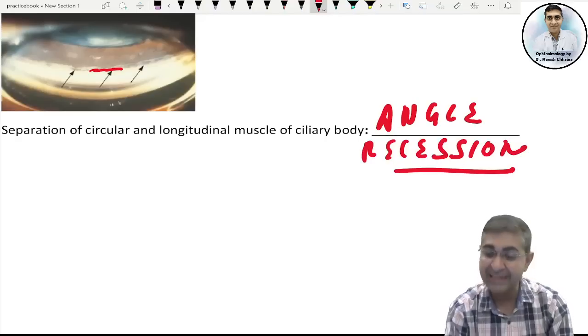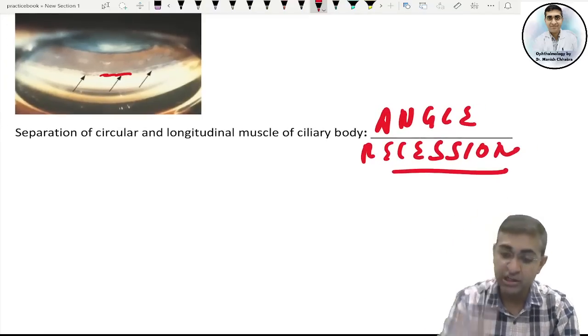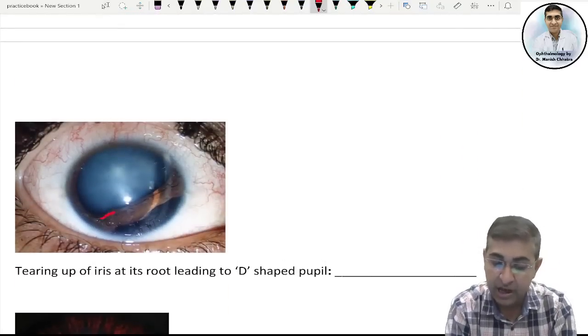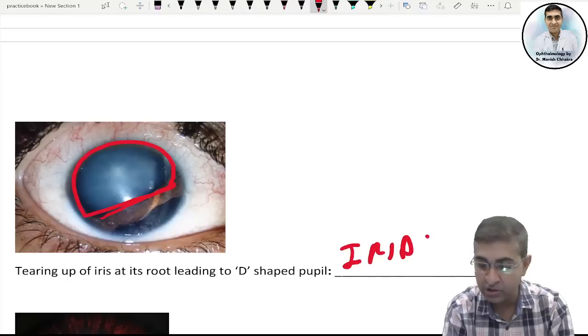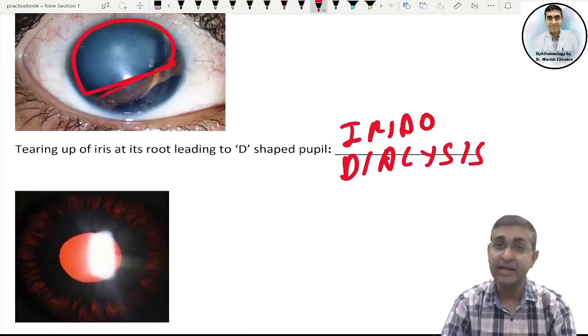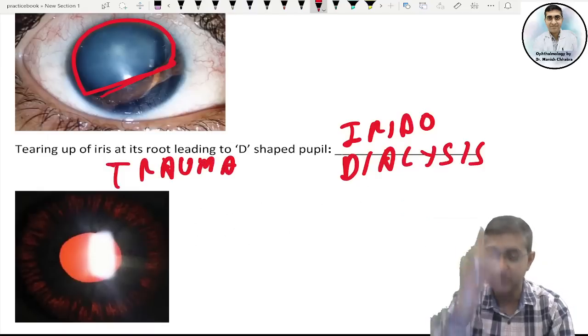So this is angle recession, when there is separation of the two layers of the muscle of the ciliary body. Don't confuse angle recession with the tearing of the iris from its root, forming a D-shaped pupil. This is known as iridodialysis. It is seen in which condition? Trauma. Even angle recession can be seen in trauma.